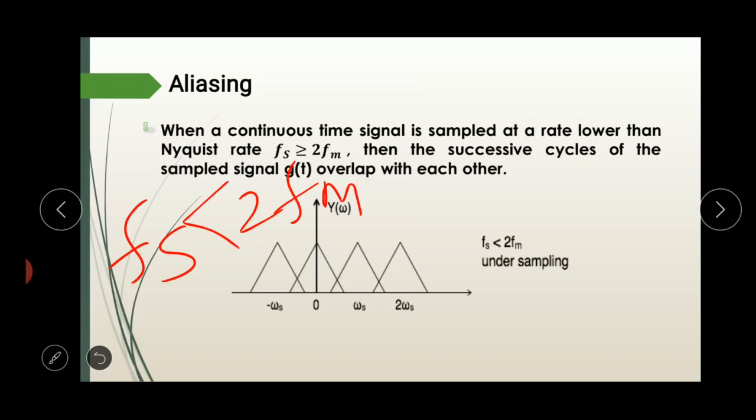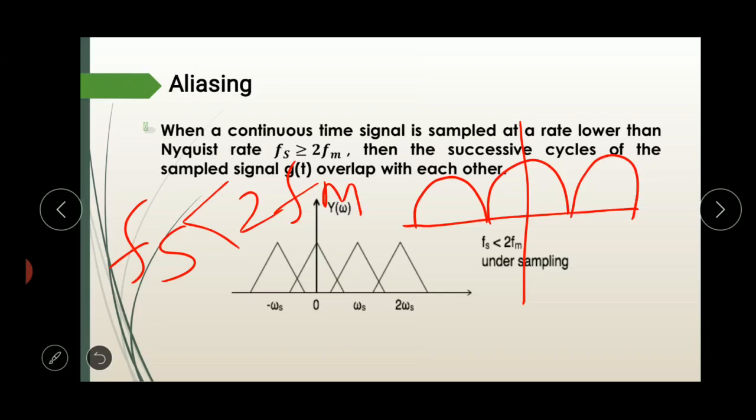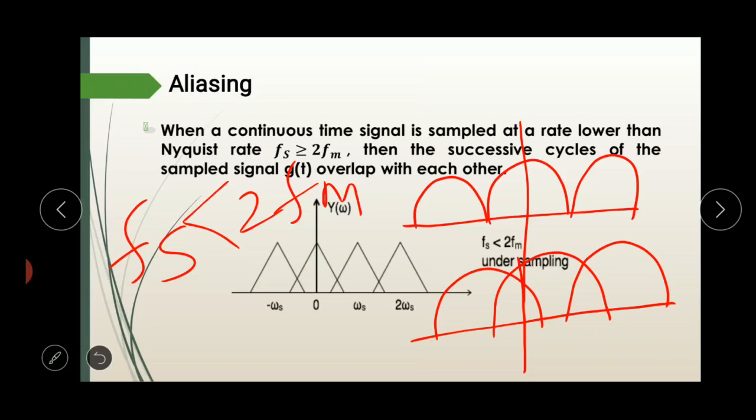Aliasing means when a continuous time signal is sampled at a rate lower than the sampling condition, then the successive cycles of the sampled signal get overlapped with each other. We want to get a signal like this, but if it violates the condition, then it gets overlapped with each other. Because of that, we never get a proper output or proper information. Because of this, some information may be lost. Okay.